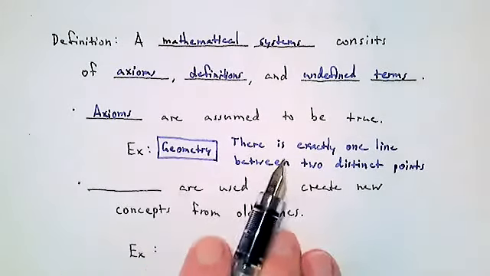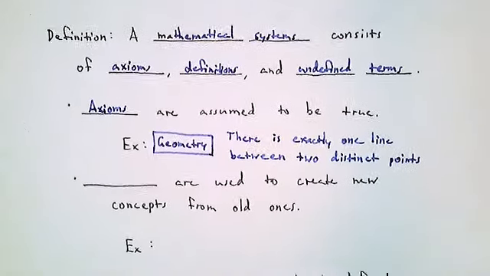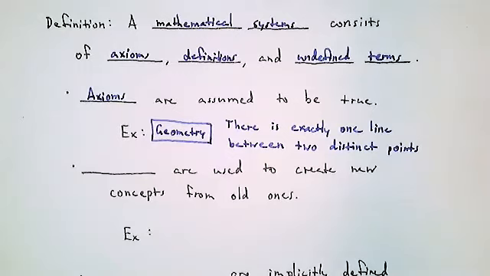Okay, and this is just one example of an axiom. You might remember others. We'll talk about, I think, at least one more example from geometry in a few minutes.